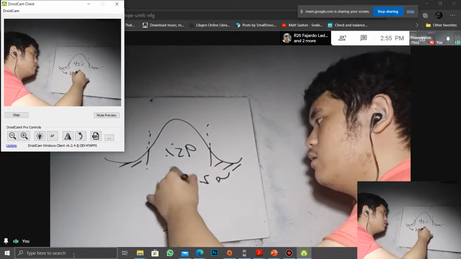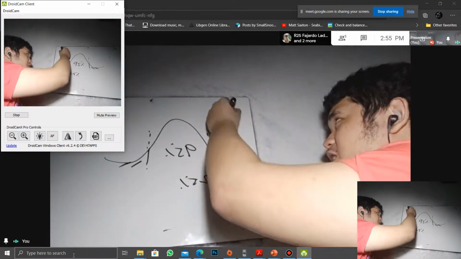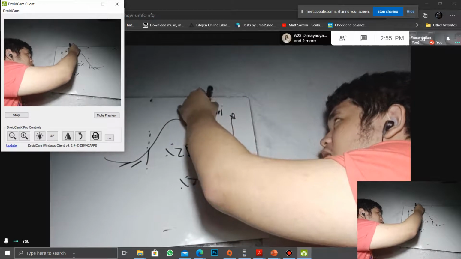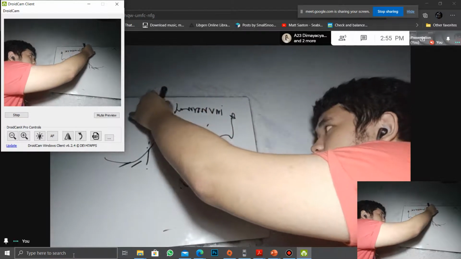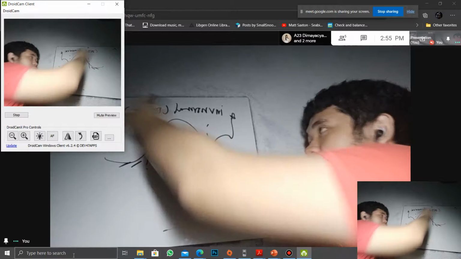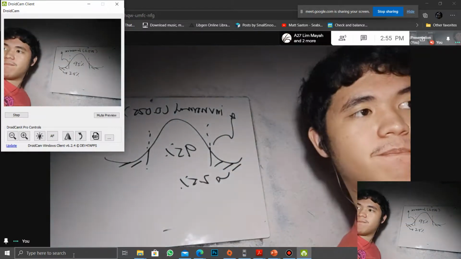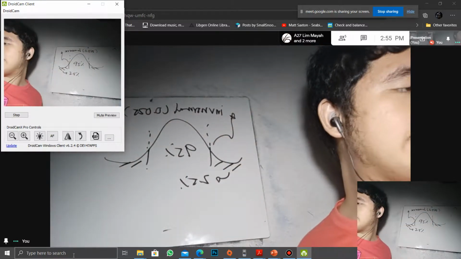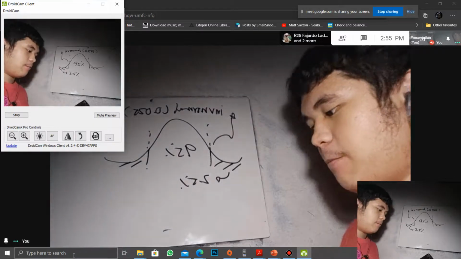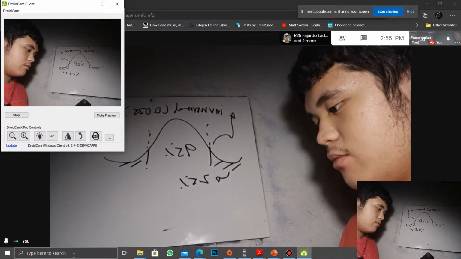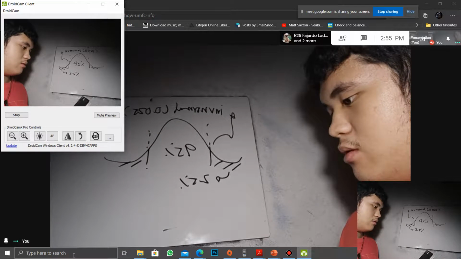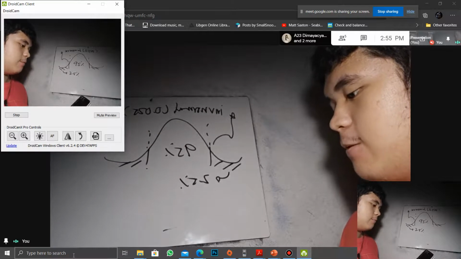So, the z-score representing that is the inverse normal of 0.025. Performing that, you'll get 1.96.